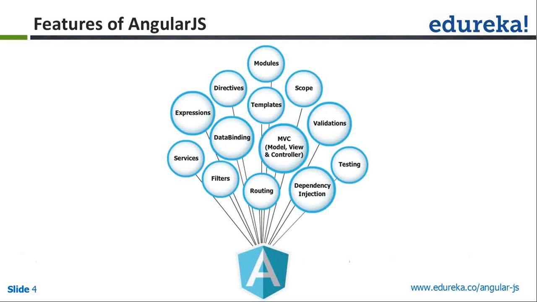Next one is directives. What does directive mean? A directive is an abstraction function of your AngularJS code. For example, in jQuery or any other JavaScript, you have a click event. What does it do? It calls some particular function, and for that, they have written some logic in the backend.